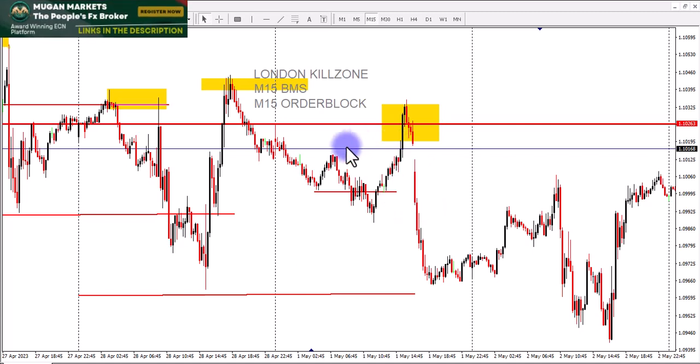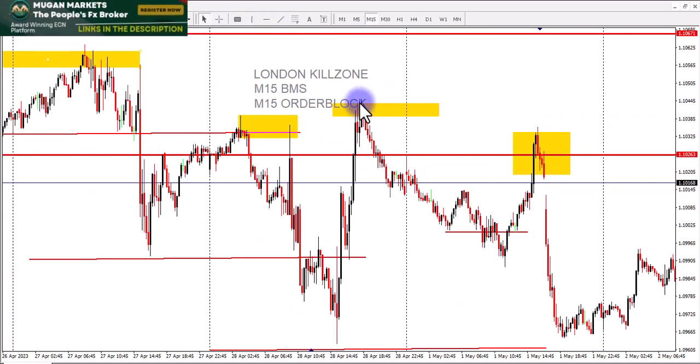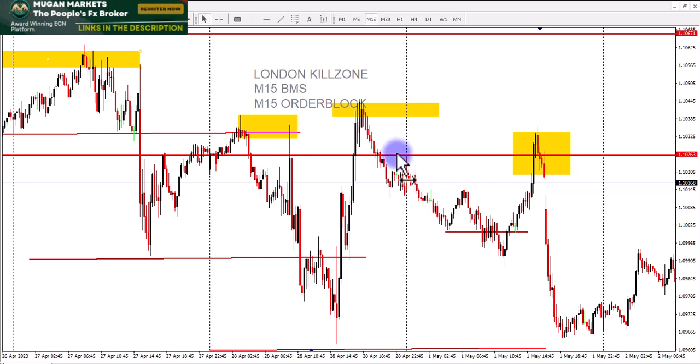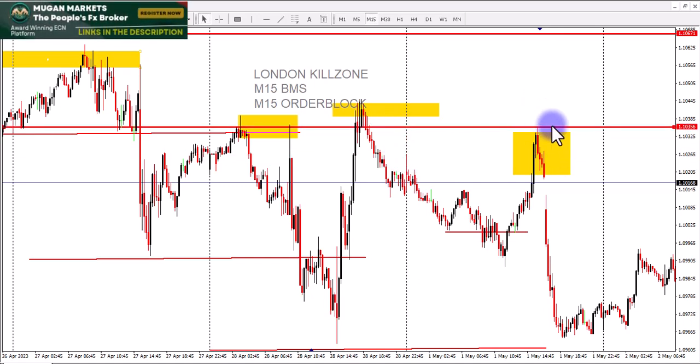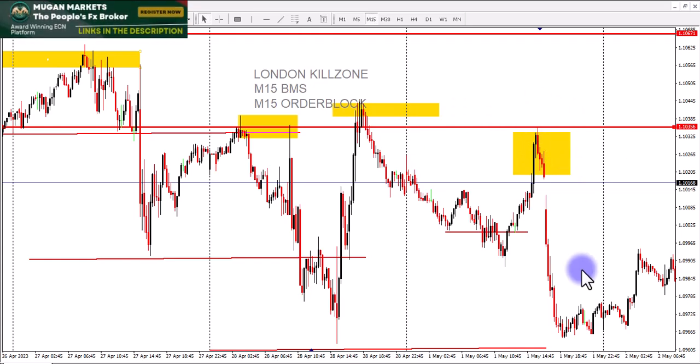You understand? So if you are somewhat of a pro, you would have spotted this order block right here, and you could have taken that particular trade. So let me just show you here. So this is the order block I'm talking about, and as you can see, price kissed this with this price action and went downwards.